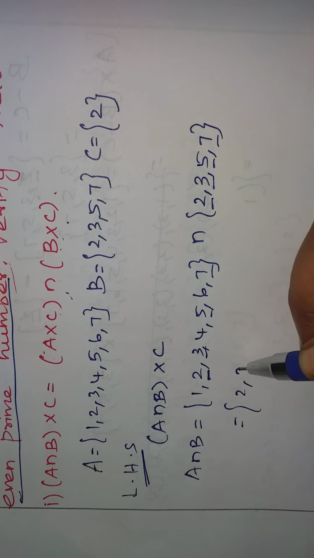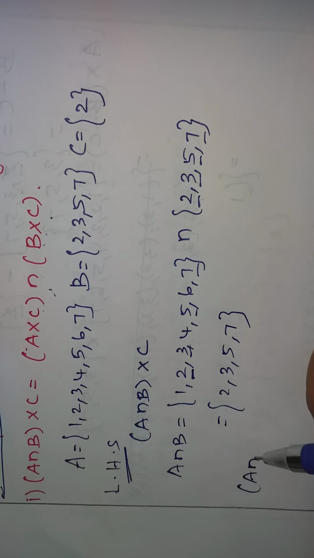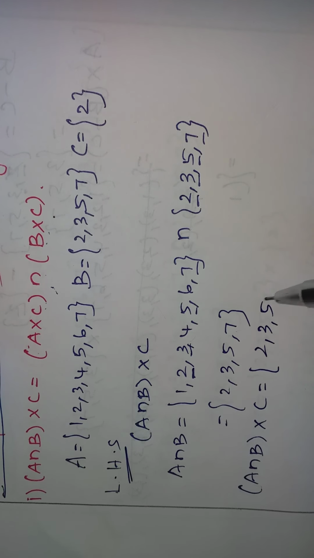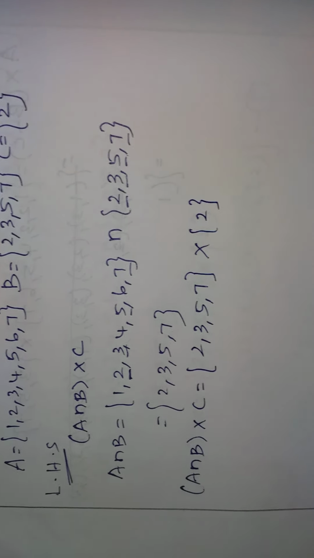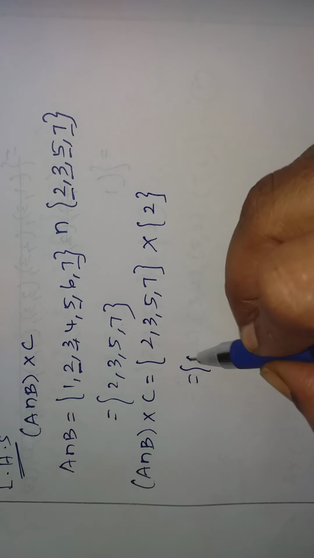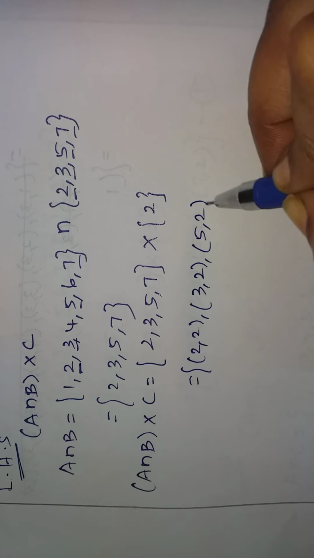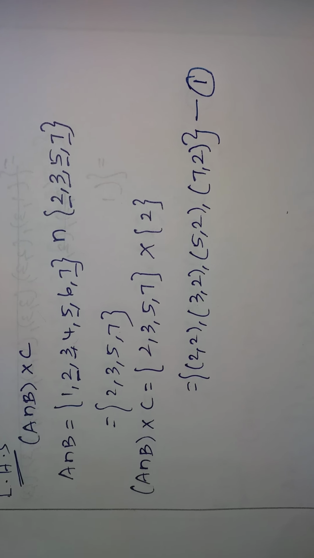So our answer is 2, 3, 5, 7. Now cross C. A intersection B we have 2, 3, 5, 7, cross C set we have 2. Now write in ordered pair: (2,2), (3,2), (5,2), (7,2). This is equation number 1.